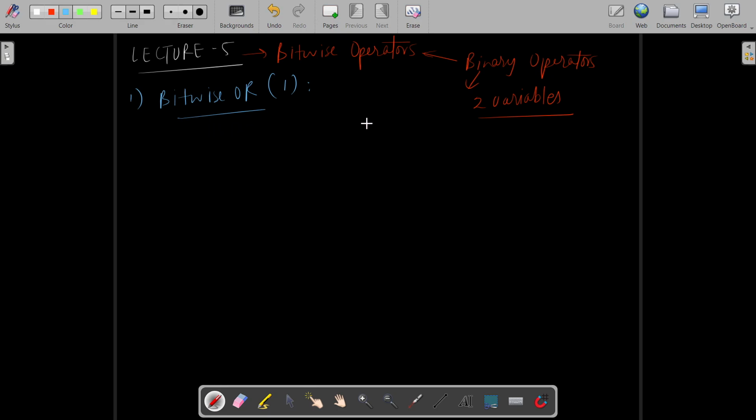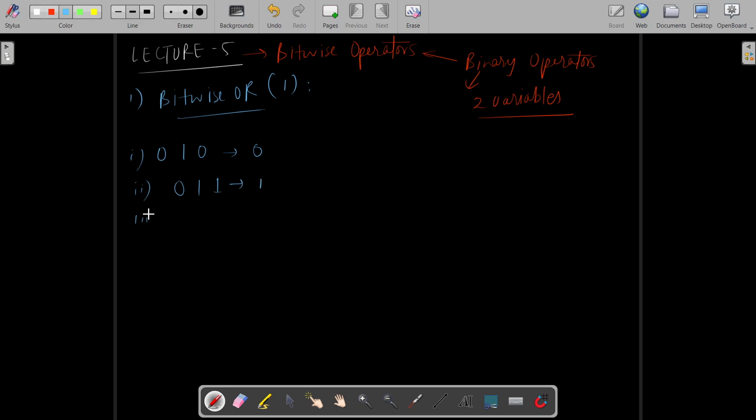Bitwise OR says that if one of the two bits has the value 1, then the result will be 1, and only if both bits have value 0 will we get 0. These are the rules of bitwise OR. 0 OR 0 will give us 0, and only in this case do we get 0. 0 OR 1 will give us 1.